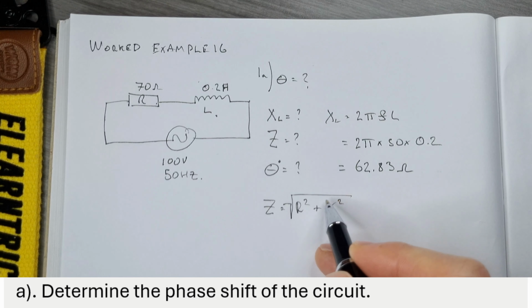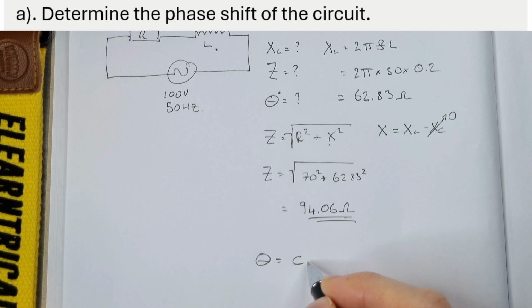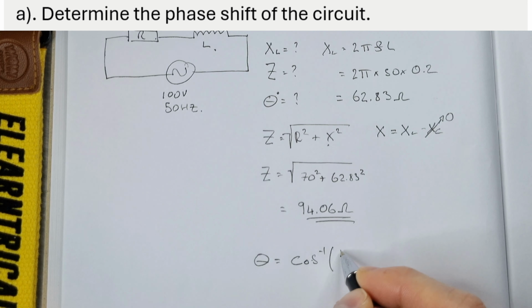Z is equal to the square root of R, which is 70 squared, plus our reactance, which we worked out to be 62.83 squared, and that gives us a total impedance of 94.06 ohms.